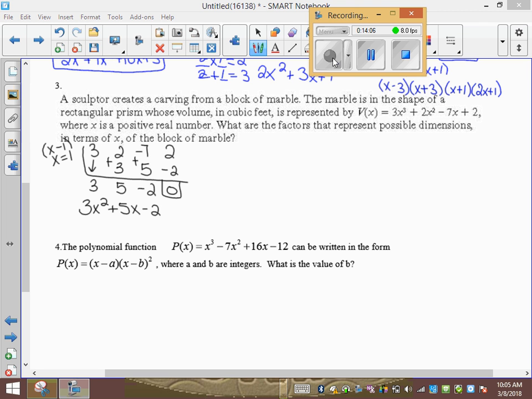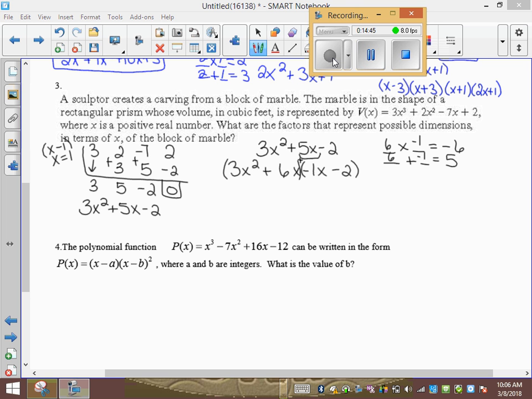I have to do decomposition because there's not a 1 in front of my x squared. So what times what equals negative 6? What plus what equals 5? You multiply the outside, add to the inside. 6 and negative 1. So I replace my middle term. 3x squared plus 6x minus 1x minus 2. Group them.